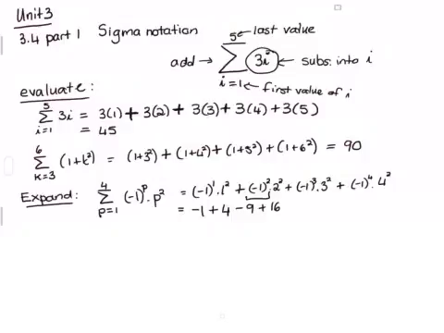Let's do one more, let's do how many terms. How many terms? Again, you've got to go back to 2.1 to remind yourself what are terms. Terms are separated by pluses and minuses.